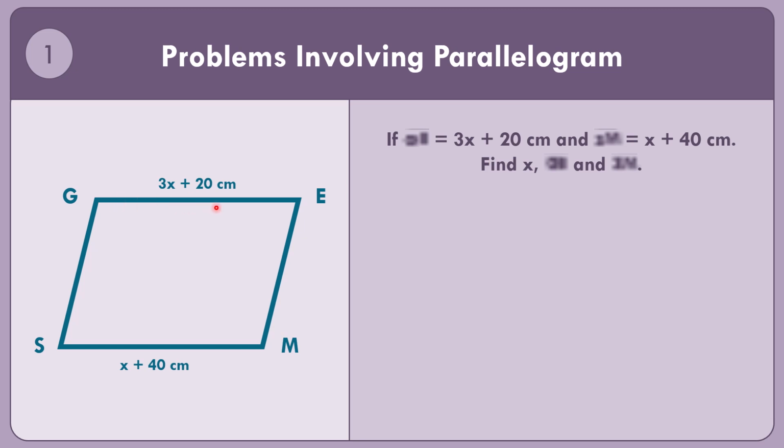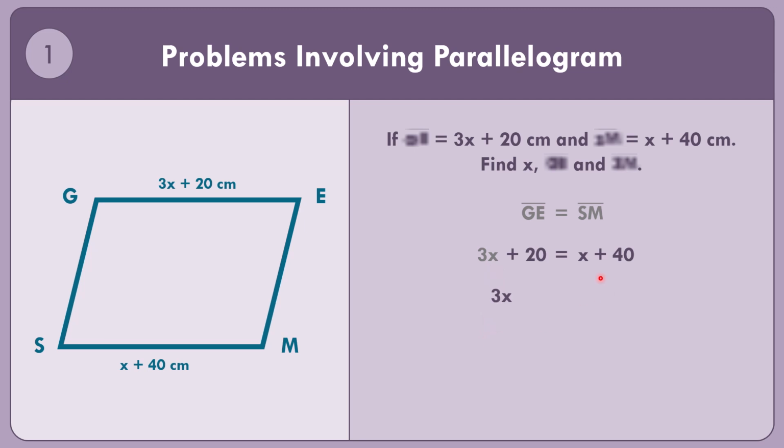Line segment GE is congruent to line segment SM. So GE is equal to SM. The value of GE is 3x plus 20, and SM is x plus 40.